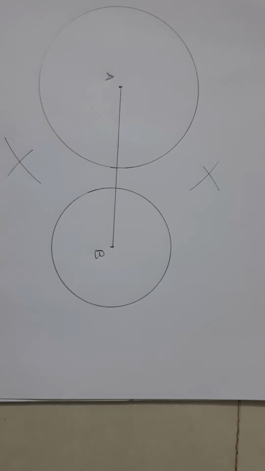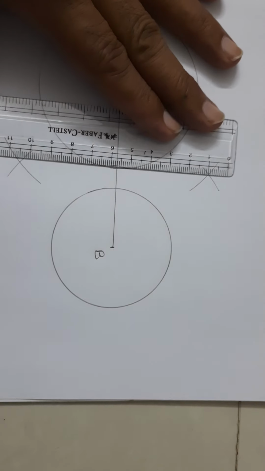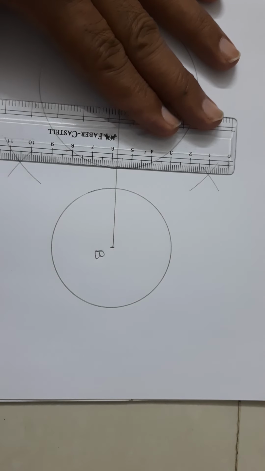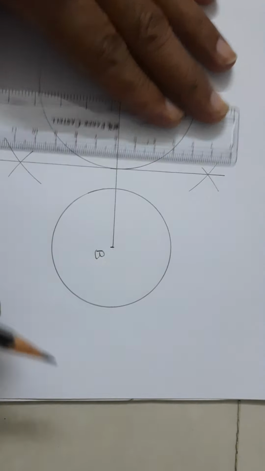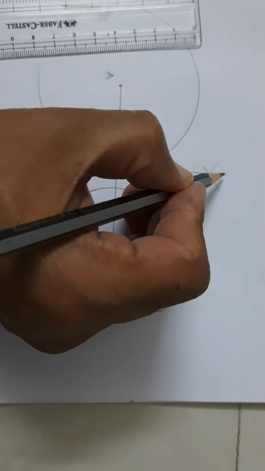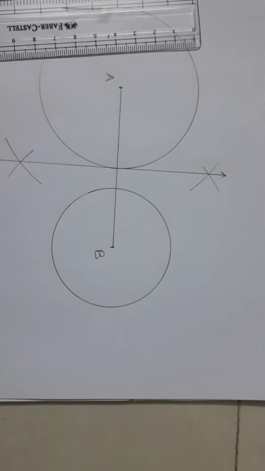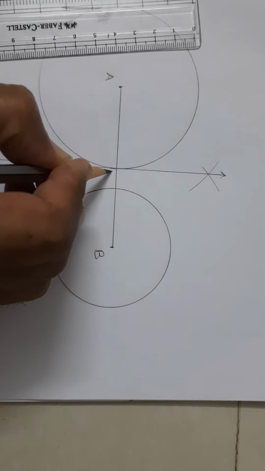Now we draw the perpendicular bisector in order to find the midpoint of AB. Let us call that midpoint M.